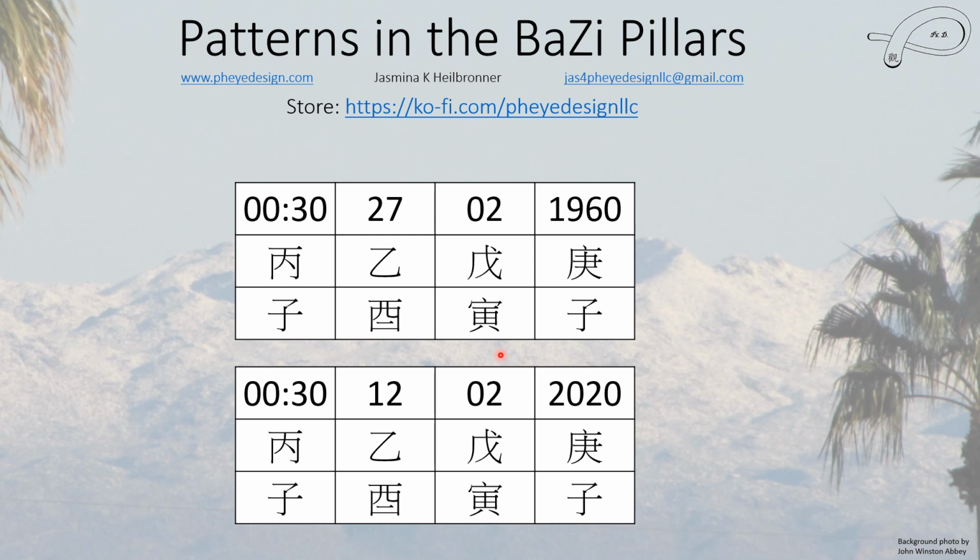Now this is actually within even the same Gregorian month. But again, there's no absolute guarantee, but it's very likely that in your 60th year, in either calendar, you will find somebody who's born with your exact same BaZi chart.